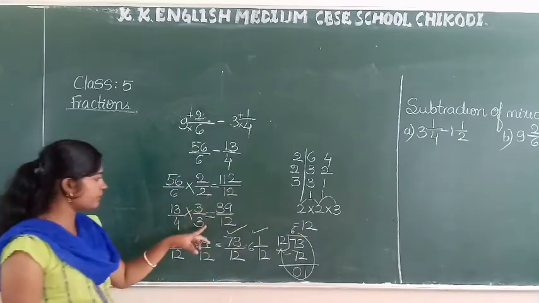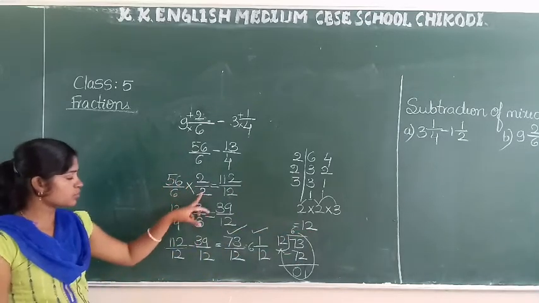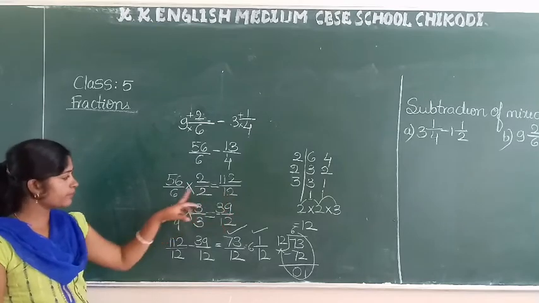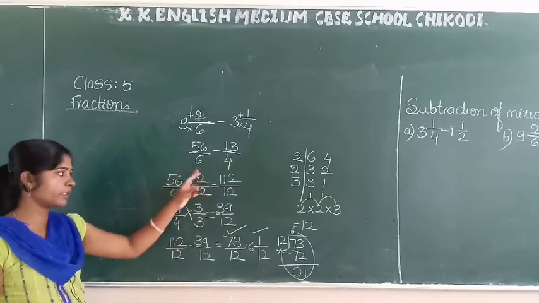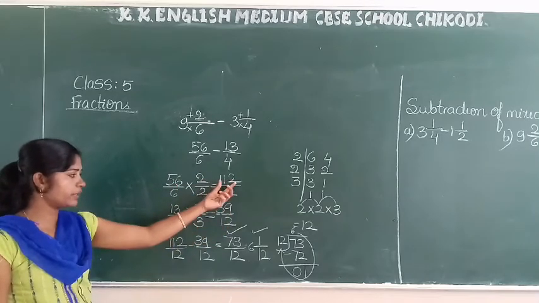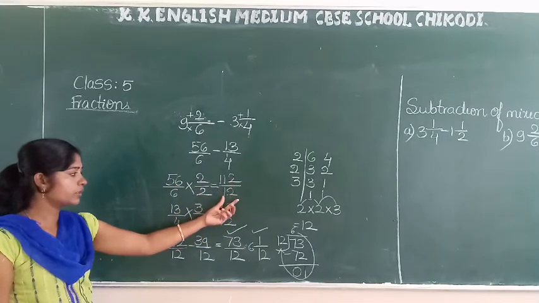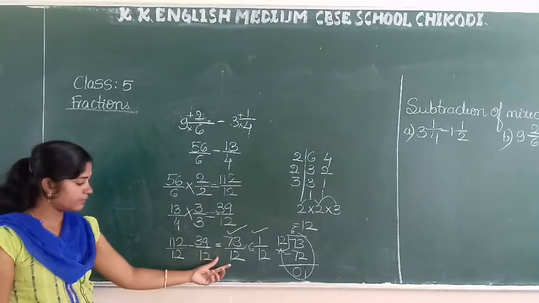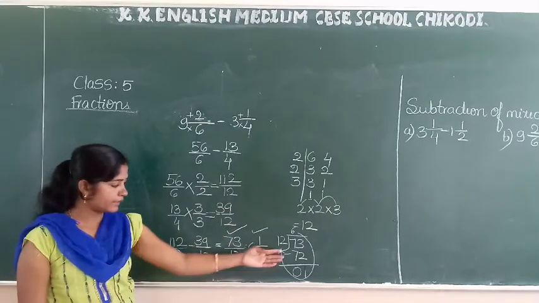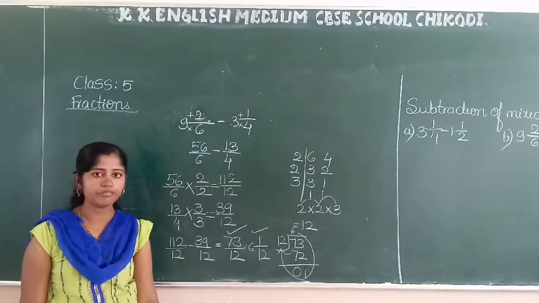Next you convert them: I took 6 to 12, and 4 threes are 12. The same number you multiply with the numerator also. You will get 112 by 12, 39 by 12. Subtract to get 73 by 12, and I converted it to a mixed fraction.